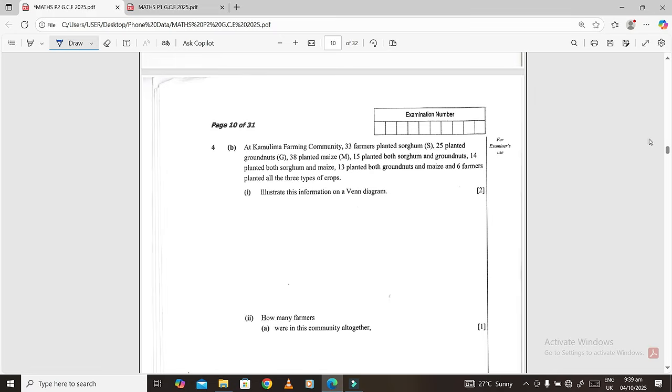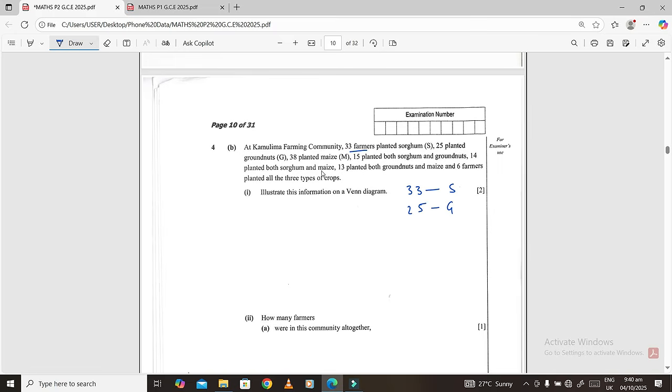So the next question here is under sets. They have said at Kamulima farming community, 33 farmers planted sorghum, and 25 planted groundnut.